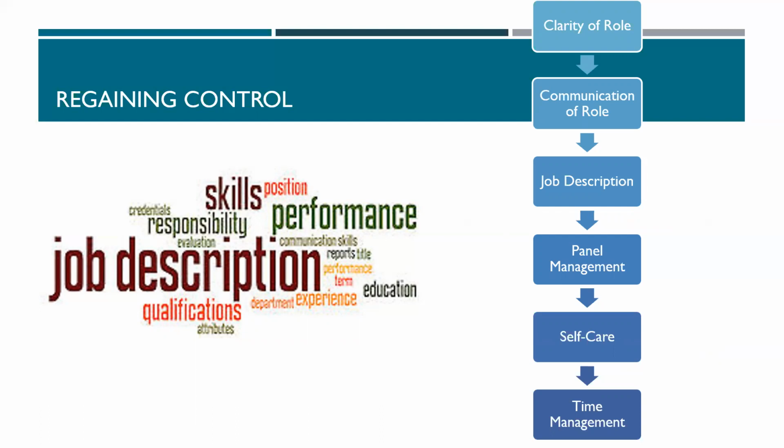So we'll look at clarity of role, communicating that role. What's in your job description? If let's say 90% of what you do is other duties as assigned, then yeah, that's a problem. Also, how do you handle that caseload, or if you're managing a panel, how do you handle that efficiently? We'll look at self-care and time management.